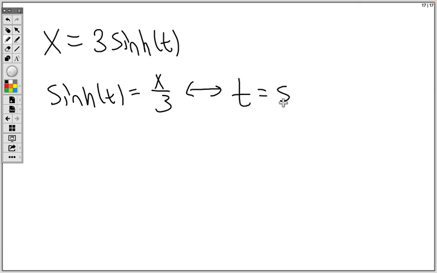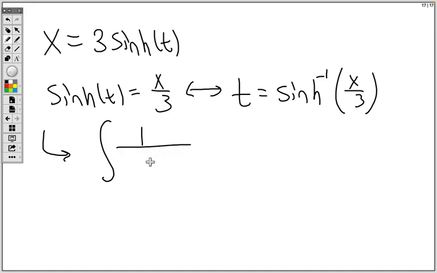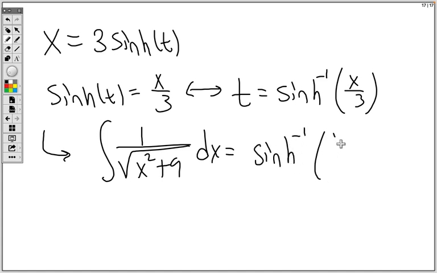So t here would be the inverse hyperbolic sine of x over 3. And so here we go. The integral of 1 over the square root of x squared plus 9 dx, if we use a hyperbolic substitution, falls out in basically one step if you go through it that way.